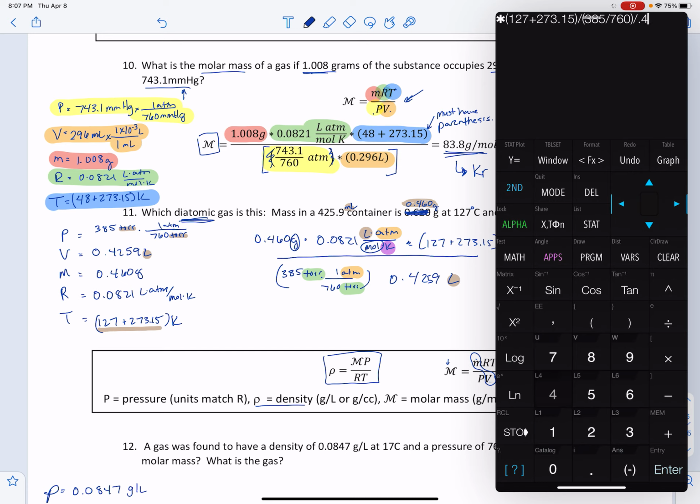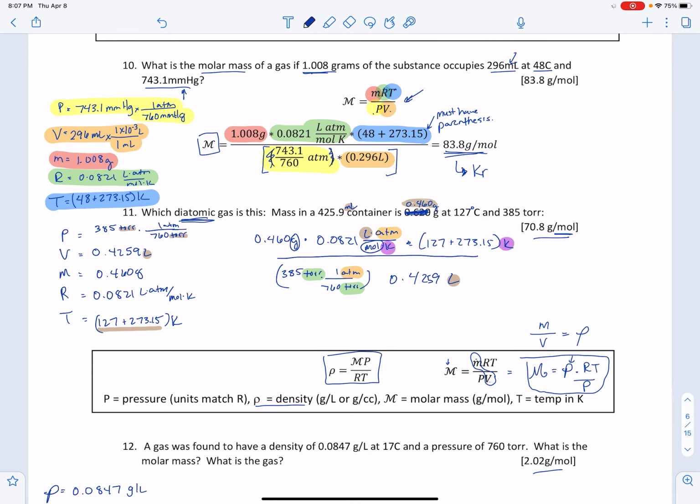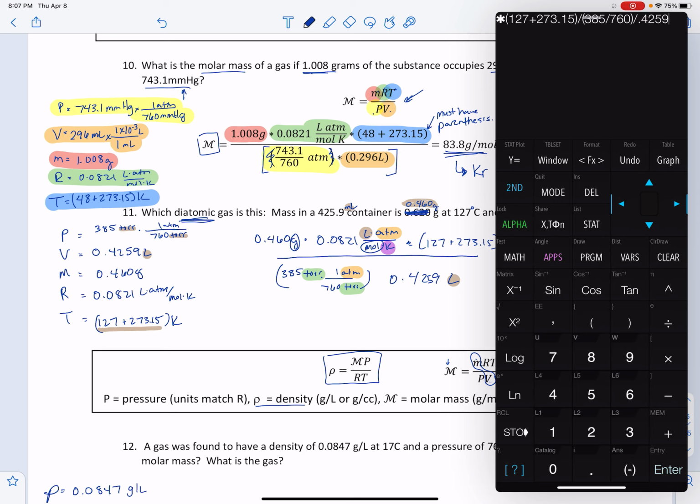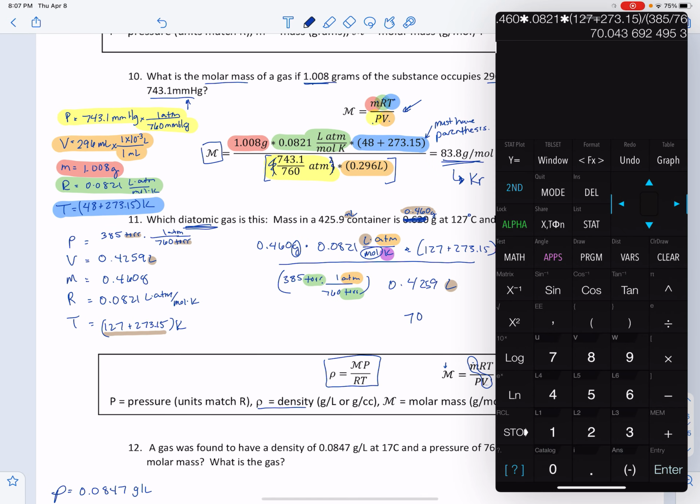Divided by 0.4259. I'm going to scroll left because it looks like somehow, oh, it was included in there. Okay. So when I put all of those numbers in, I get 70.043.